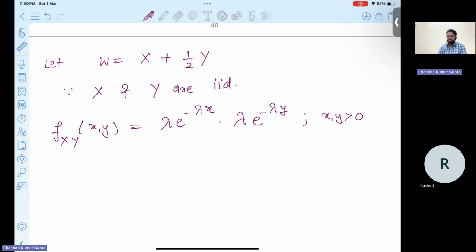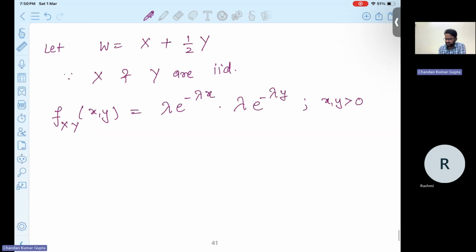We can simplify, but let's take it like this.